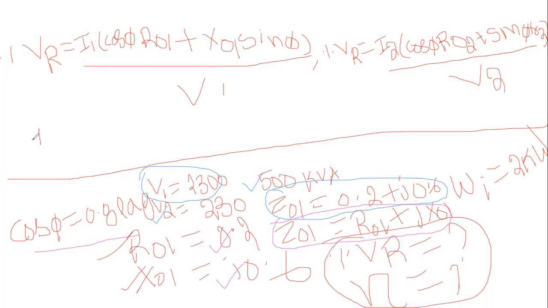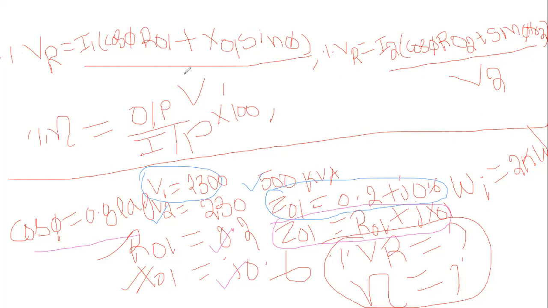Next, we write down the formula for efficiency. Percentage efficiency is equal to output by input into 100. What is the output?